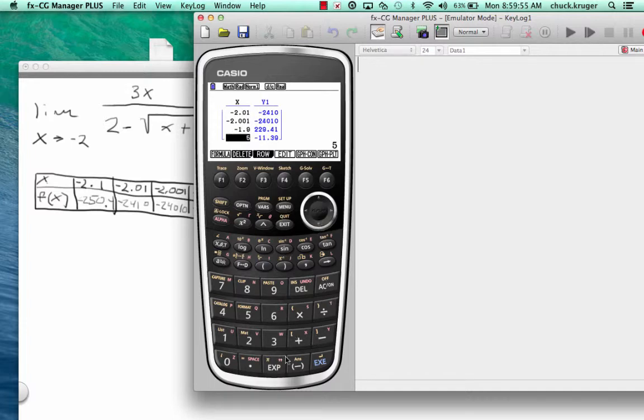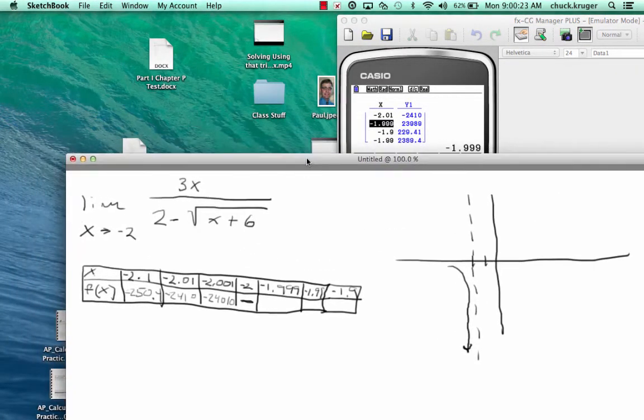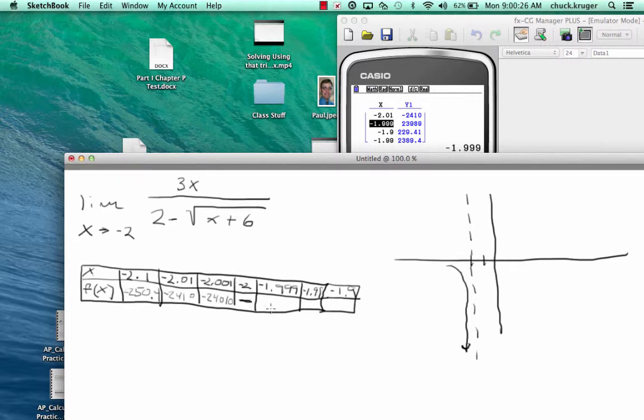I get 229.41. Then negative 1.99 gives 2,389, and negative 1.999 gives 23,989.